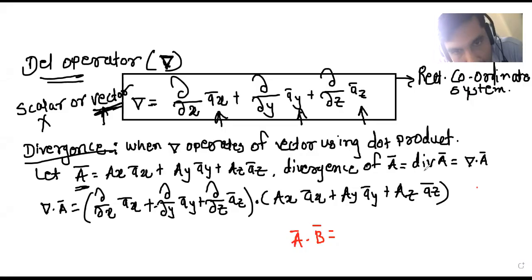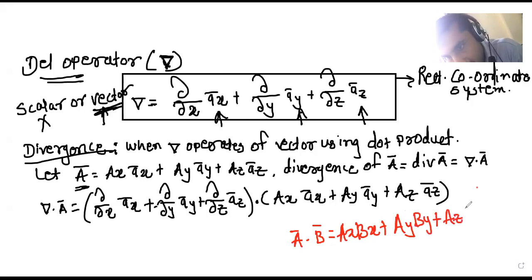Yes. So the dot product a bar dot b bar, that second definition we have seen, can someone recite? It's ax bx plus ay by plus az bz. Right. So simply if I compare this a bar with the del operator and b bar with a bar, you will find we have to take multiplication of those terms only.